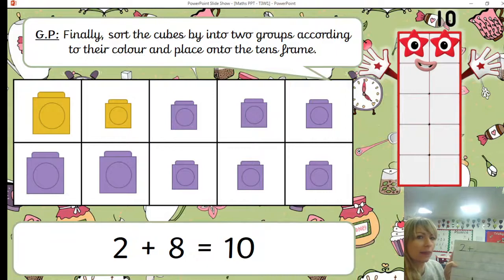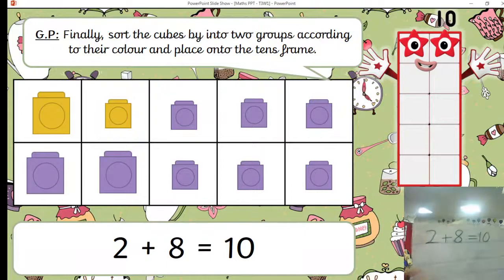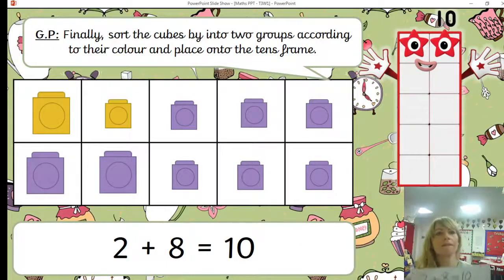Then I'm going to count the blue cubes again. You know, we've got 8. So I'm going to write 8. If you've forgotten how to write the numbers, you can use your number line. So 2 add 8, and then this is our sign for the same as, is the same as 10. So that's my number sentence for this 10 frame.